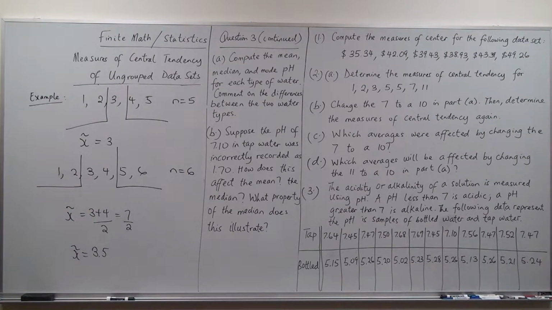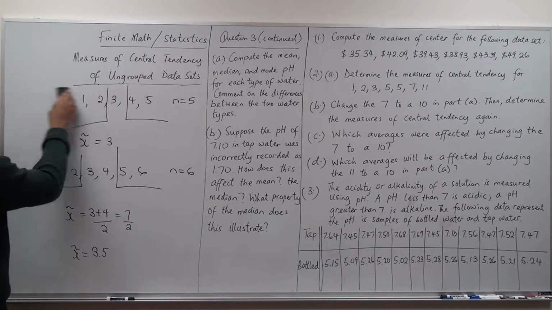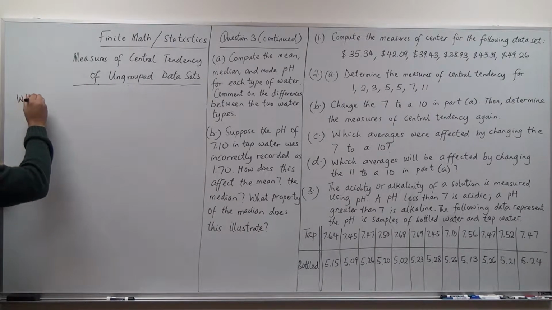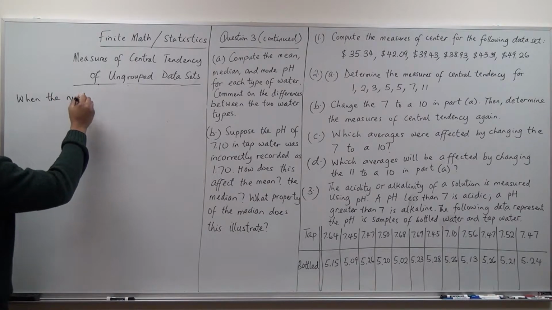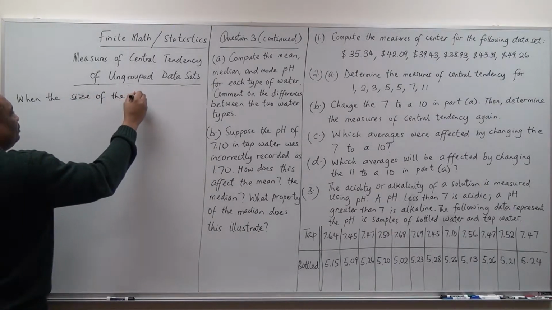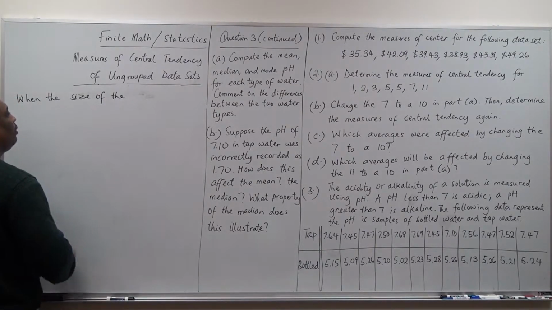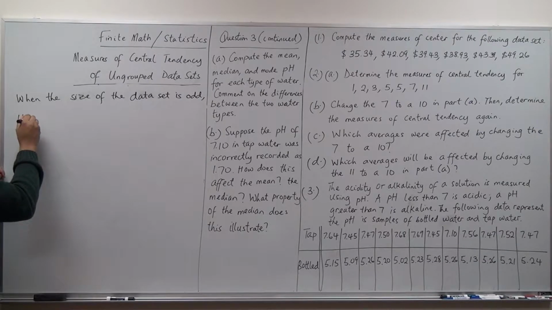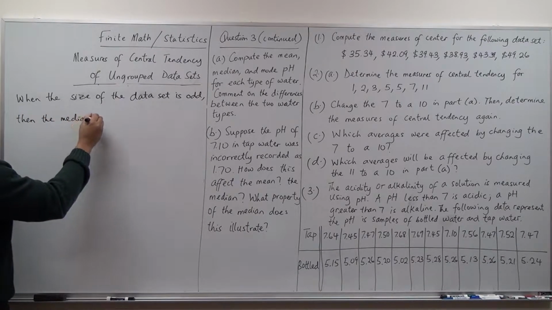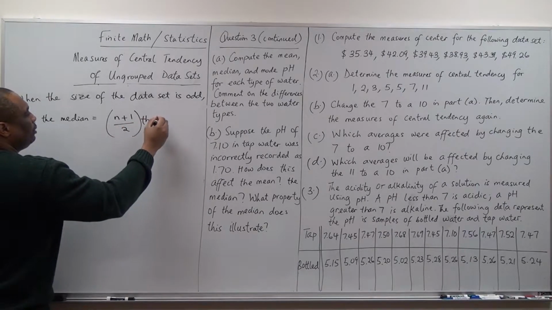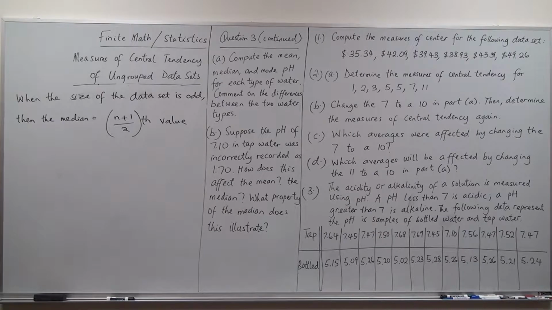But when you have an even number, then it will be the mean of those two. So when the size of the sample, or size of the data set, is odd, then the median is the n plus 1 over 2 value.